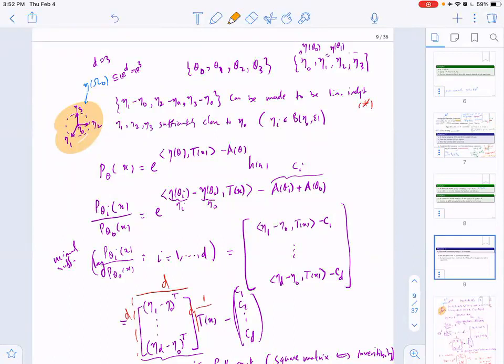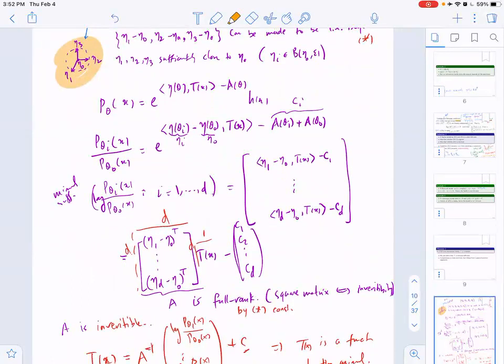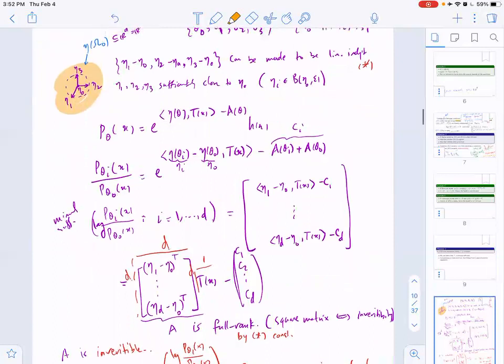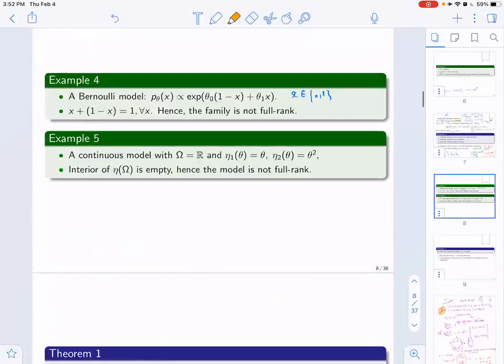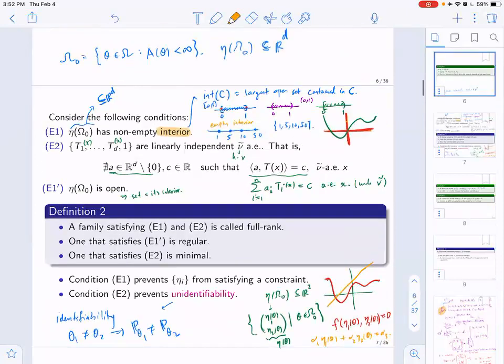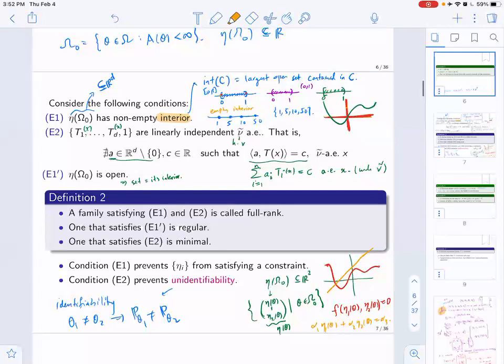So if we have eta constant, go ahead. I was thinking maybe that violates the linear independence in the first place. That was one of our assumptions. So it violates one of these.